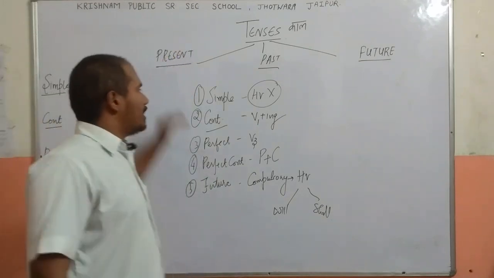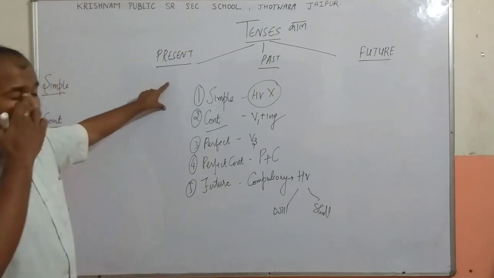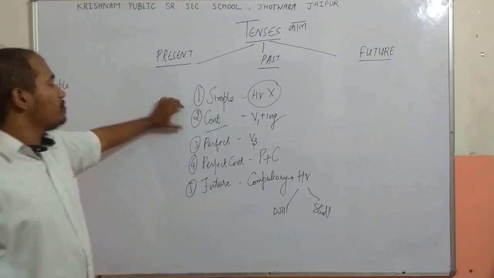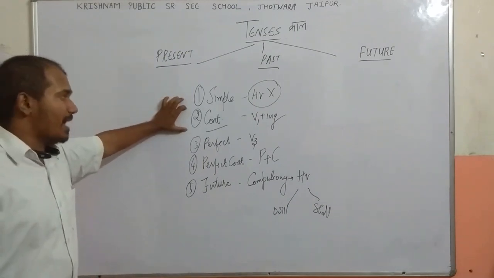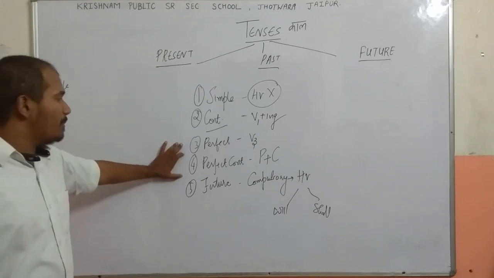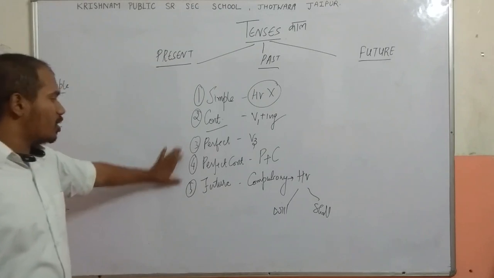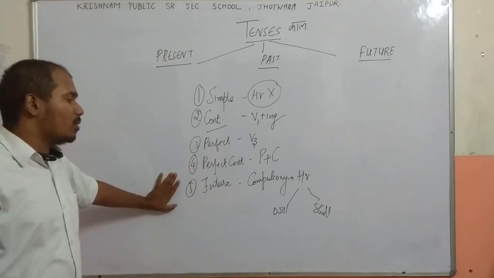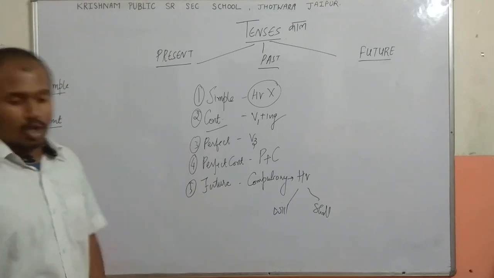I'll give you a quick reminder. We will not be using any helping verb with simple. We will be using verb's first form and ing with continuous. We will be using verb's third form in perfect. We will be using perfect plus continuous in perfect continuous, and we will be using the helping verbs will and shall in future tense.